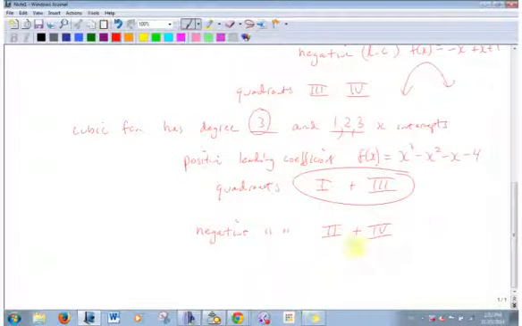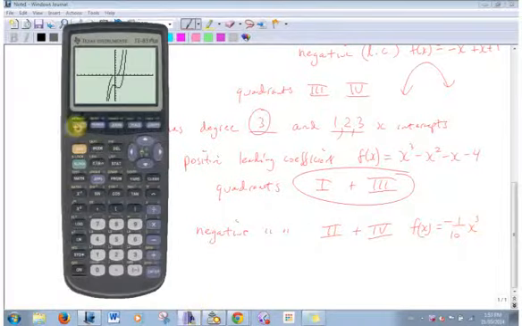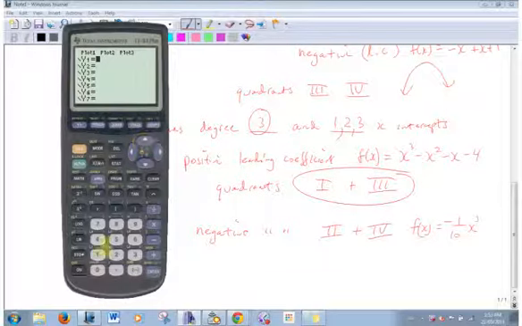For an example, negative, let's do something weird: negative bracket 1 divided by 10 bracket x cubed.